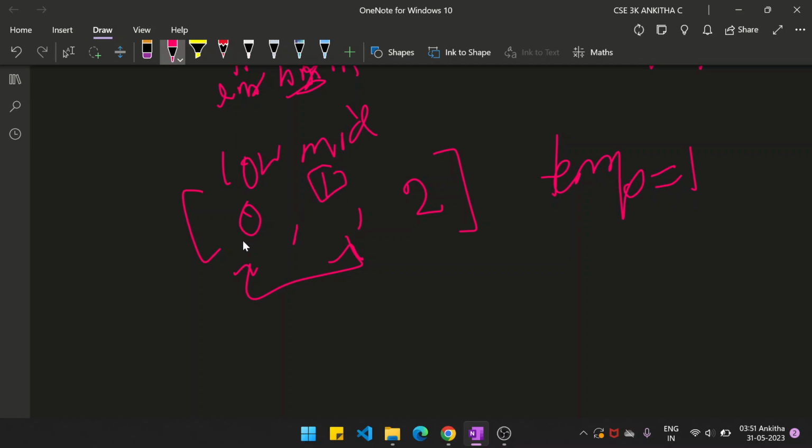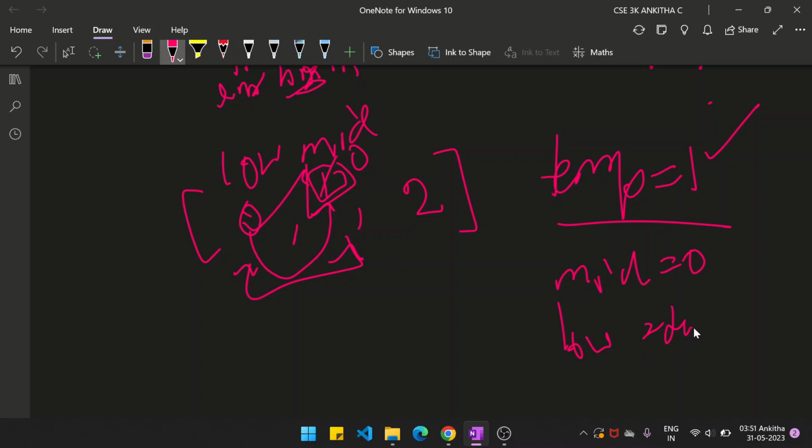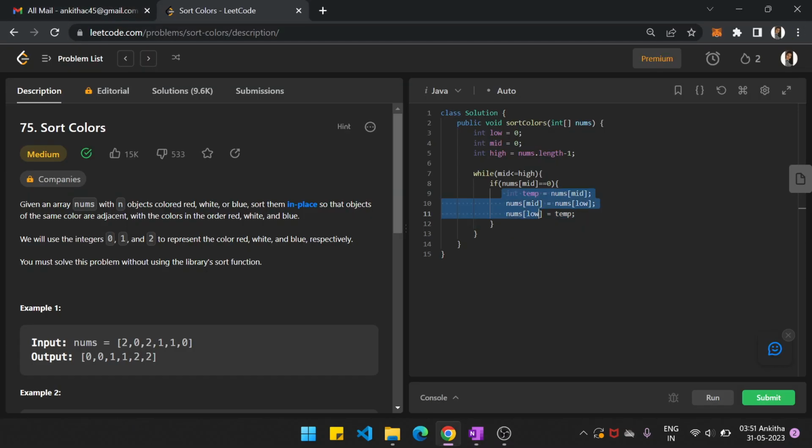So once you store this, now we can replace this with this. Otherwise, if we directly replace it, this 1 will be lost, right? So that's why we store 1 in the temp variable. Now nums of mid will be equal to 0. So now we replace it with 0 and we have stored this temporarily. Now replace this position by this temporary value. So nums of low equal to temp. So that is what we did. Similarly for high also we will do the swapping condition.